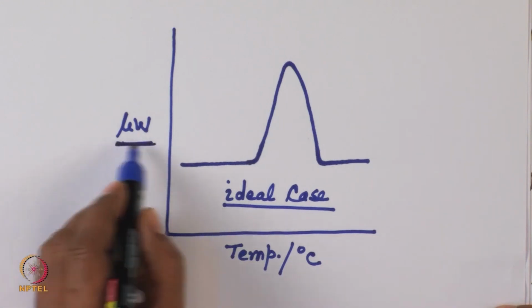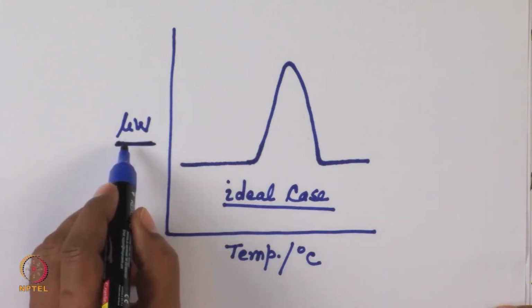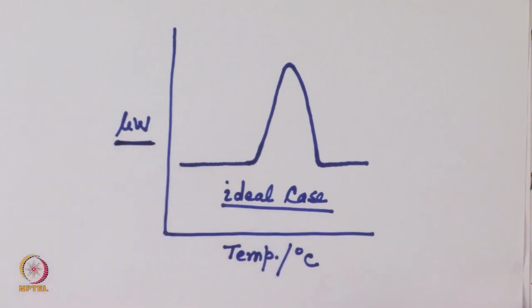But I want to convert this power into a thermodynamic quantity such as the heat capacity. How we can convert power into heat capacity? Let us look at the slide.